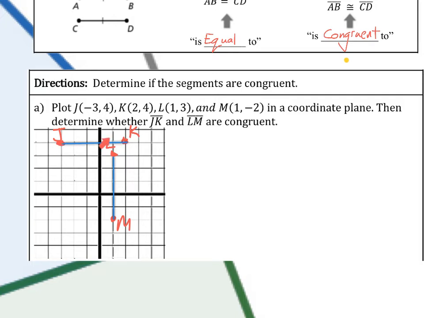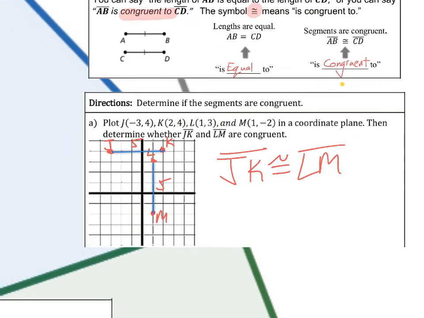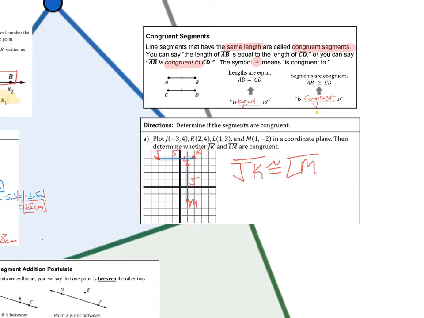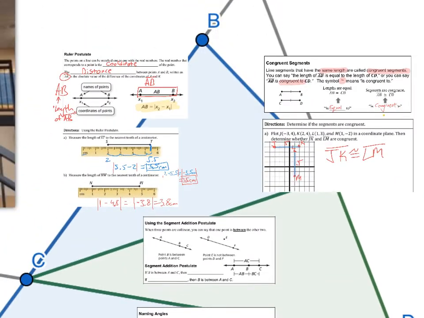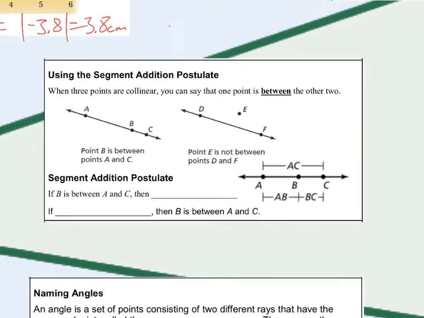Well, we can kind of count spaces here. Looks like this one is 5, and this one is also 5. So, yep, they are the same length. So we can say that JK is congruent to LM. Segment JK is congruent to segment LM. So, segments have length. We can find their length. We can say if they're congruent.